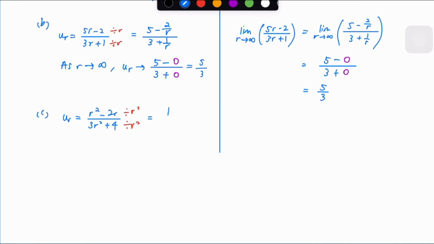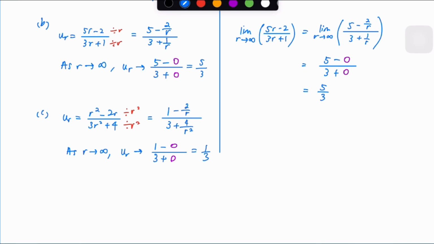So you will have 1 minus 2 over r over 3 plus 4 over r squared. As r approaches infinity, u_r will approach 1 minus 0 over 3 plus 0, so this would be roughly 1 over 3.